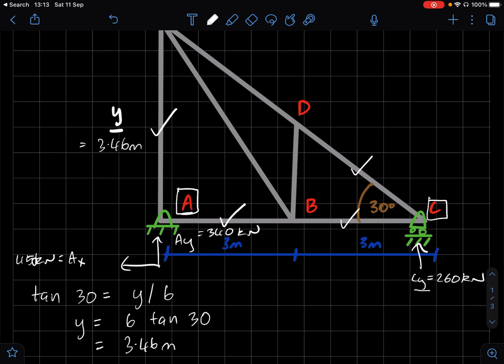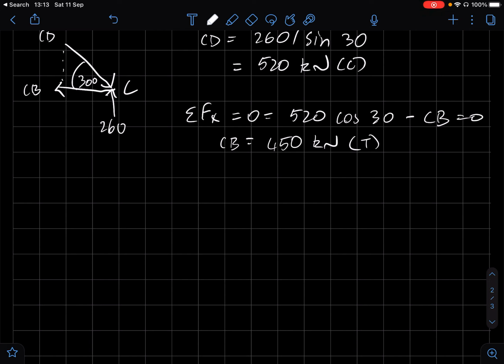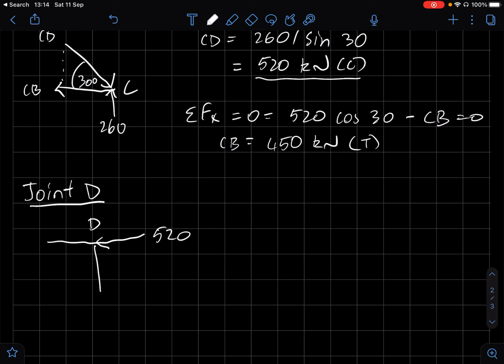Now let's take a look at joint D. How is this going to look? Well, just going to look like that, isn't it? And we have our 520 that we've just calculated, and that was acting in compression, so it's always going to act in compression at joint D. Then we have, this is DE, and this will be DB.